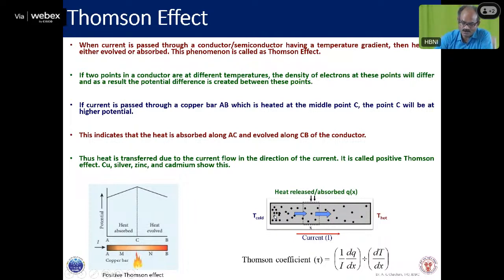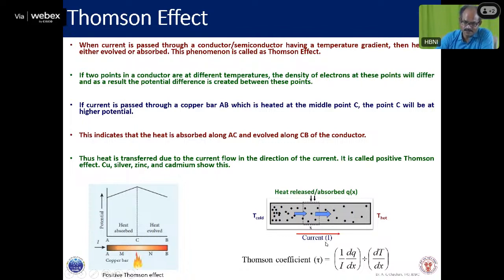So one is at hot and another is at cold temperature. If a current passes through this material, which already has a temperature gradient, heat is either evolved or absorbed. And this is called the Thomson effect.